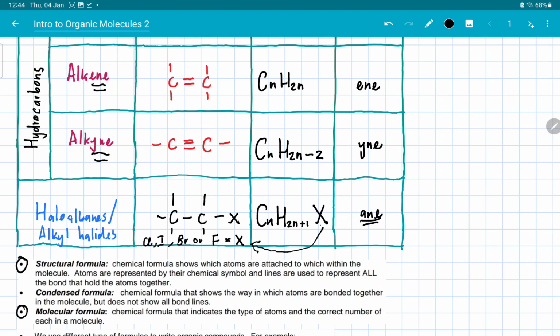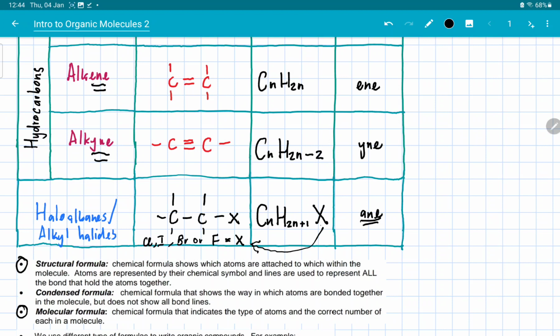Yesterday I said which atoms are bonded to which. You can use whatever English you want, but this is according to the exam guideline. And a molecular formula is a chemical formula that indicates the type of atom and the correct number of each atom in a molecule.